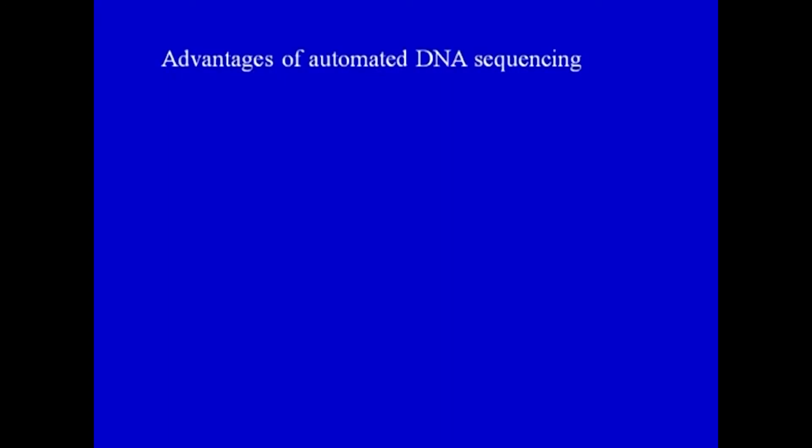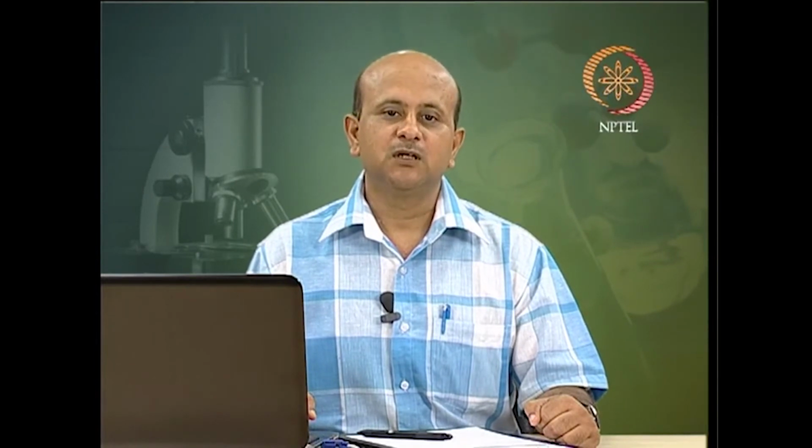There are a lot of advantages of the automated DNA sequencing method. One is that manual sequencing can generate excellent data, but even in the best laboratories, poor autoradiographs are frequently encountered, and that will make sequence readout difficult or impossible.